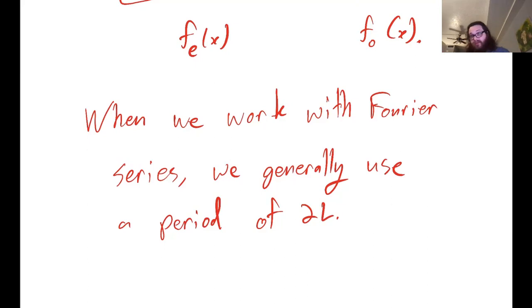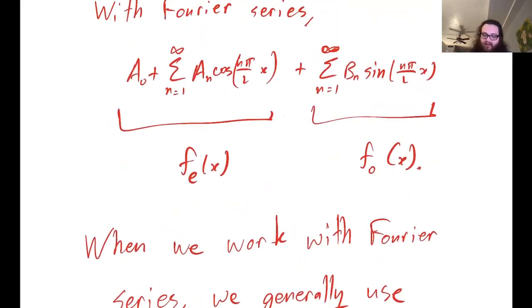Similarly, with sine and cosine, we generally think of those functions as having a period of 2 pi, so L is equal to pi. Generally, when we take this Fourier decomposition, we have a function from negative L to L, of length 2L. That's where this n pi over L comes from, and it's a geometry that we like working with.